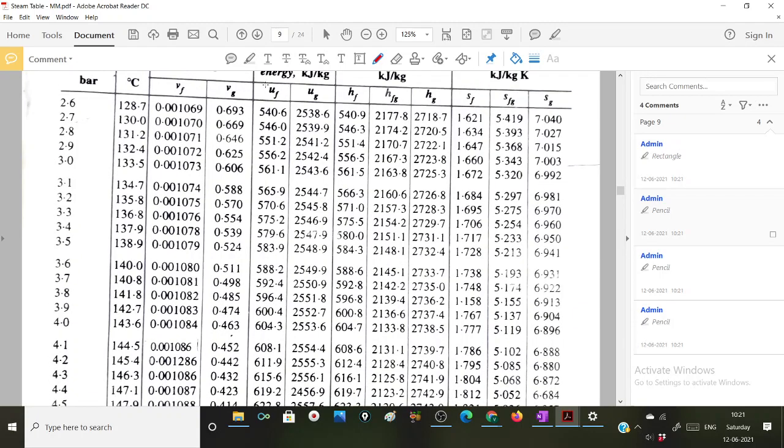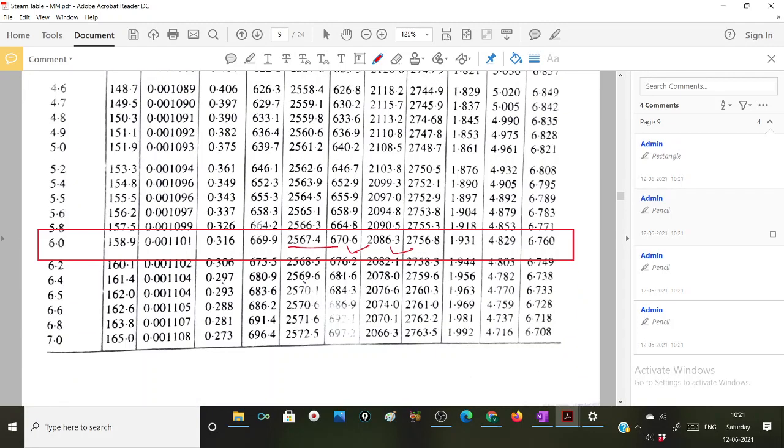Okay, HF plus HFG. Also, at pressure of 6 bar, saturation temperature is 158.9 degrees Celsius. So this data is also useful to me. Okay.